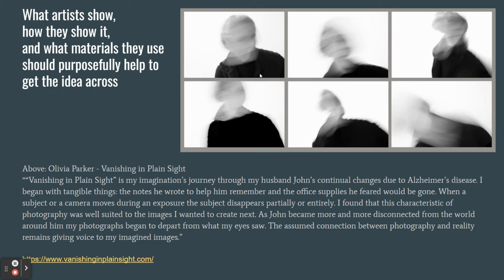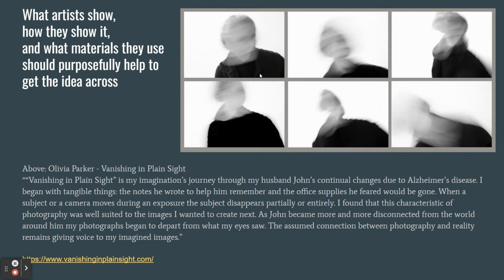She decided to use long shutter speed and blur the motion and to move around so that we can see her and not see her. And all of these things are working together, even the black and white, so there's even less information, turns us into her husband, right?